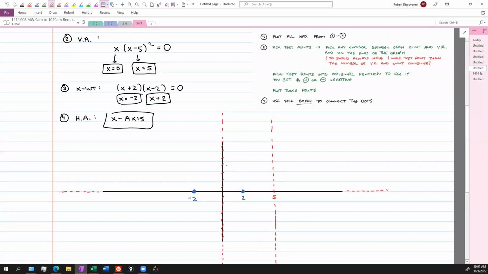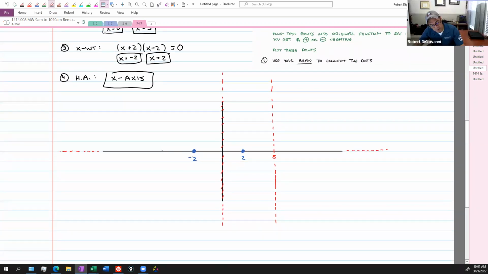Okay, so I'm gonna pick something over here. How about -4? Sound good? Something between here and here, -1, thank goodness, I don't have to worry about decimals. Here, 1. Here, something like 3. And over here, I don't know, 7, doesn't matter.